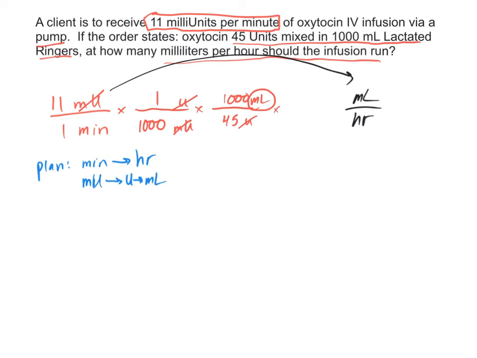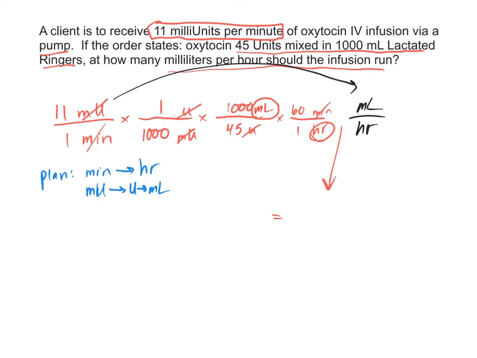The last thing to do is to now change the minutes into hours because we're setting a pump. And I know there are 60 minutes in 1 hour. So I'm going to bring this work down here. I'm going to multiply all the numerators. And when I multiply 11 times 1,000 times 60, I get 660,000.